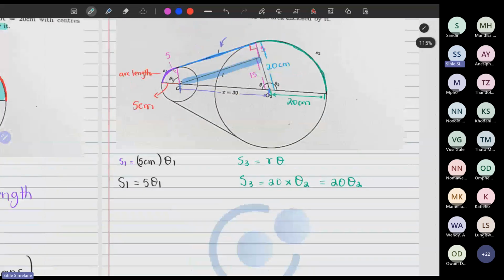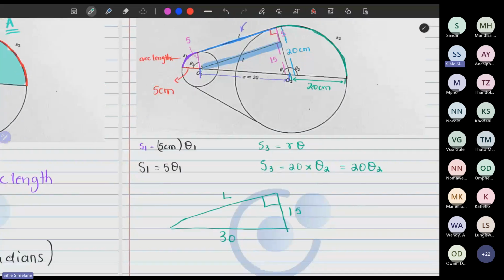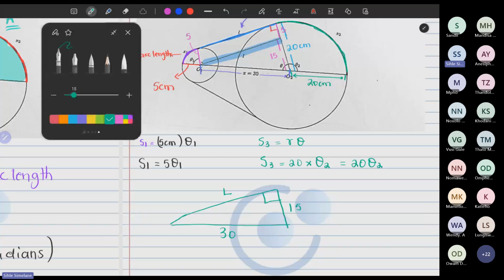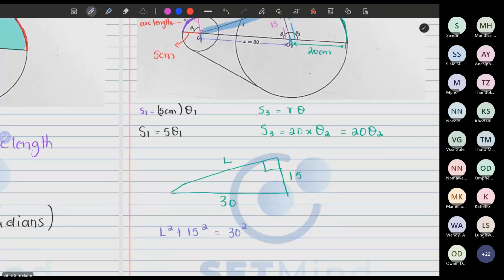So we now have a triangle which looks like this. It has a 90, and then it is a 15 here, and then we have L here, and then we have 30 here. And what we are trying to figure out is that L. So if you remember by the theorem of Pythagoras, we'll have our L squared plus 15 squared equaling 30 squared.